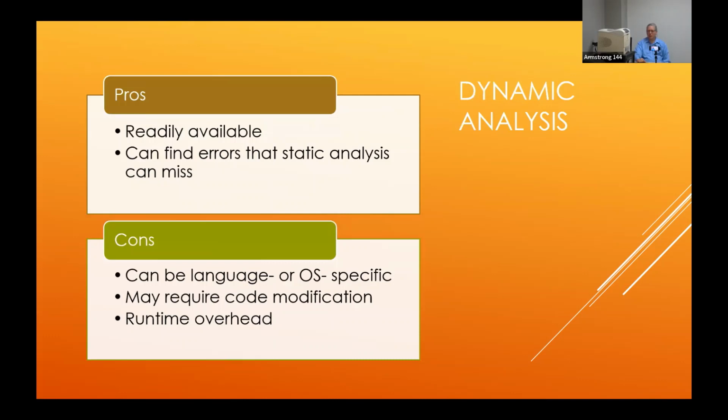Okay. Dynamic analysis tools are typically incorporated either by explicitly including additional code into your source code, or jumping in at link time, or jumping in at runtime, and inserting additional code into the program itself. What it will often do is check, for example, function entry points.